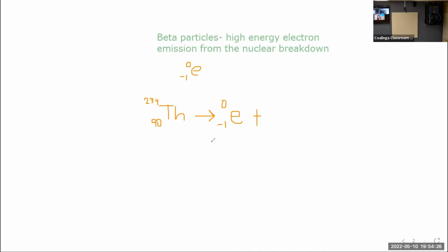So now, since this is a -1, we're going to end up with an extra proton to balance this out. So in this case, it's going to be 91. If we look on our periodic table, what is 91? An atomic number of 91. Not atomic mass.